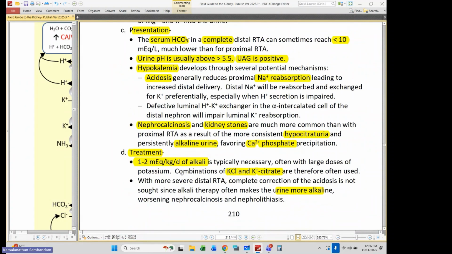Okay, so I want to reinforce that distal RTAs do have impaired ammonium excretion rates. Maybe it's a problem with this ammonium recycling or trapping in the form of ammonium with impaired proton secretion.